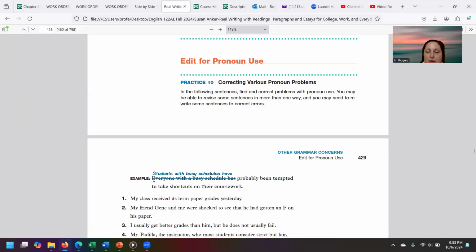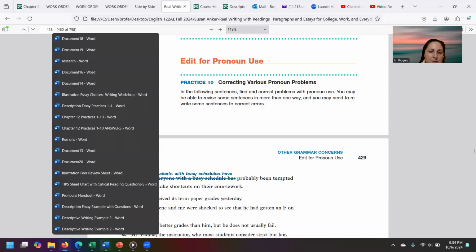So that's the problem here. It's "their," agreeing with everyone. The way they fixed it was to make this plural: everyone with busy schedules have probably been tempted to take shortcuts on their coursework. Okay, so you could change it that way, or you can change this one. It's inconsistent, just fix it.